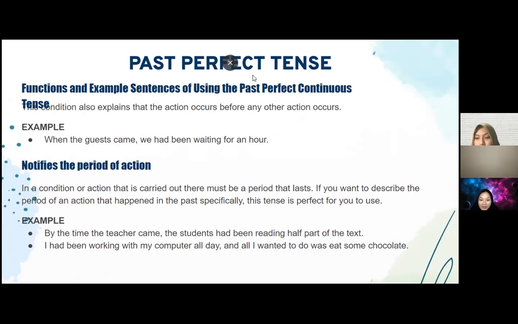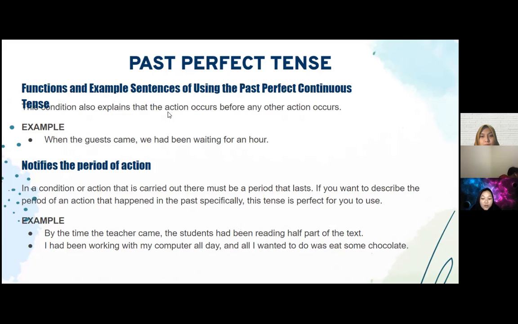Yes. Next. The function and example sentences of using the past perfect continuous tense. It also explains that an action occurred before another action occurred. Example, when the guests came, we had been waiting for an hour. Notice the period of action. In a condition or action that is carried out, there must be a period that lasts.